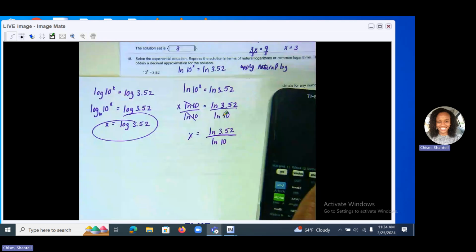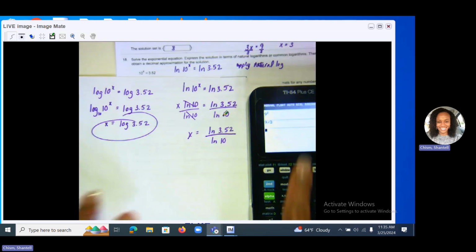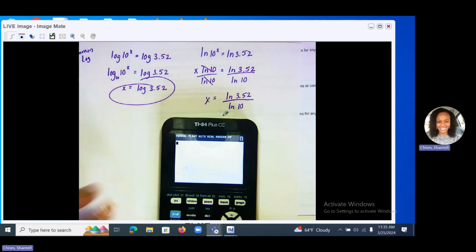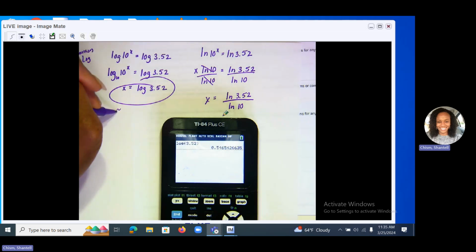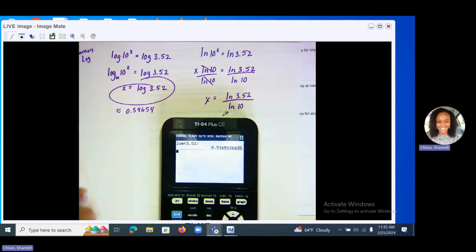Okay, let me show you both of these, that even though they look different, they are essentially the same rounded or approximate answer. Let me show you. So log of 3.52 is approximately 0.54654.